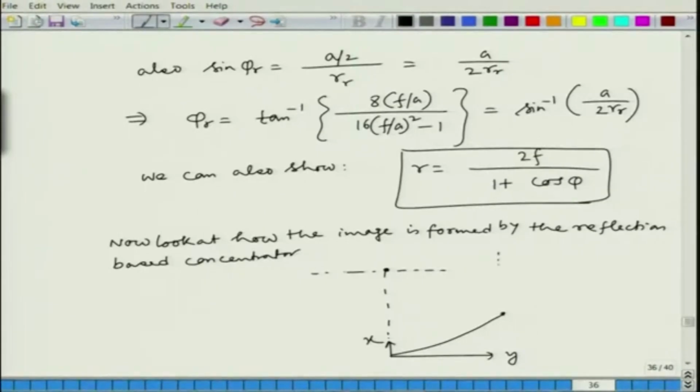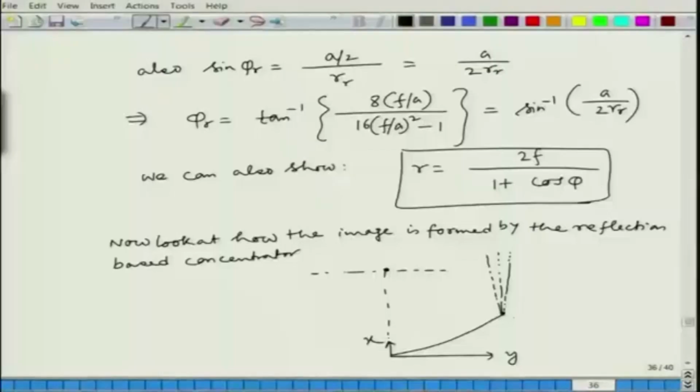We do not have a single solar ray coming onto this point. We have a 3-dimensional cone that is coming on the rim point, because sun looks a circle from that point B. Okay, this is point B, this is point A. So, at point B sun looks a circle, at any other point it will have a cone of light that is falling on that.